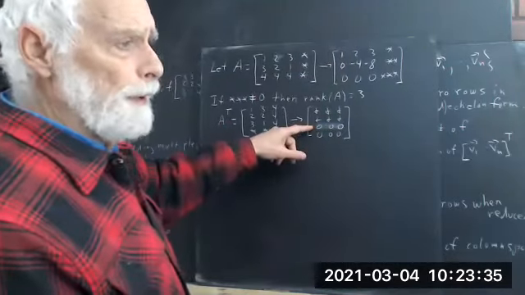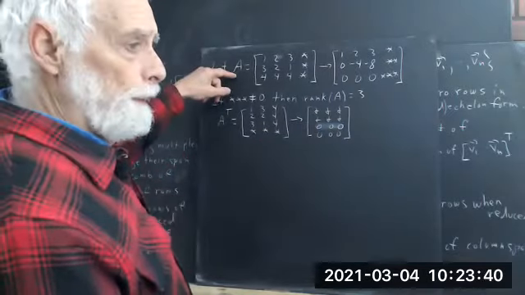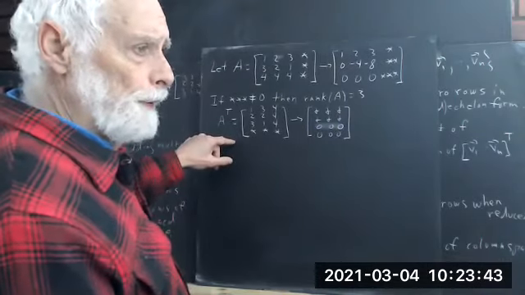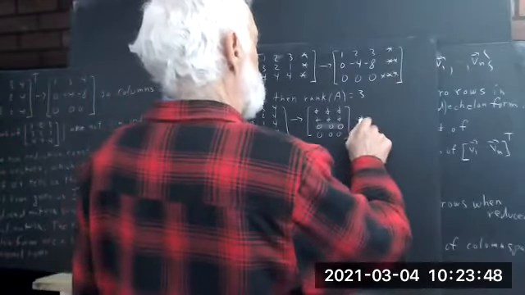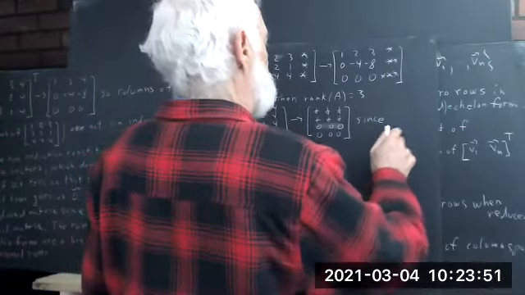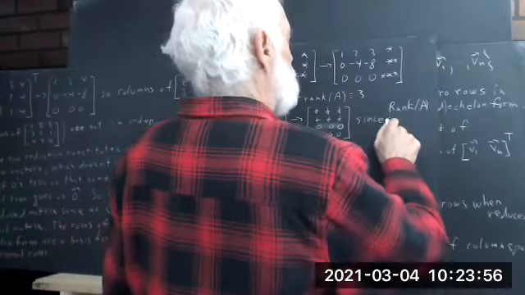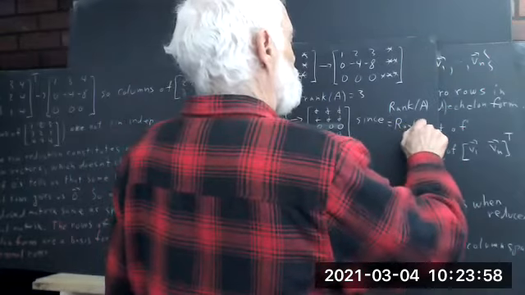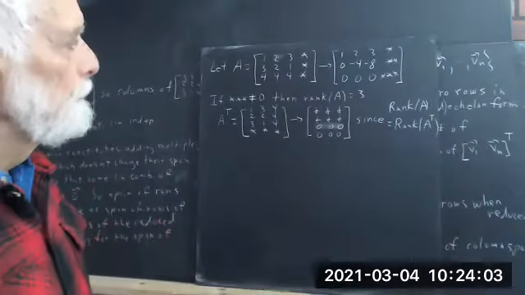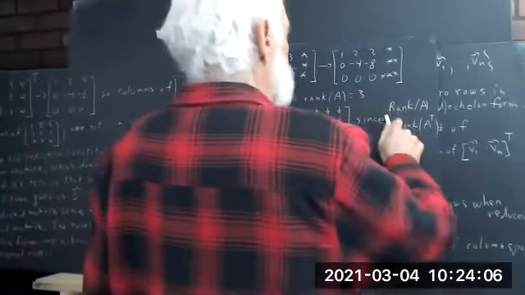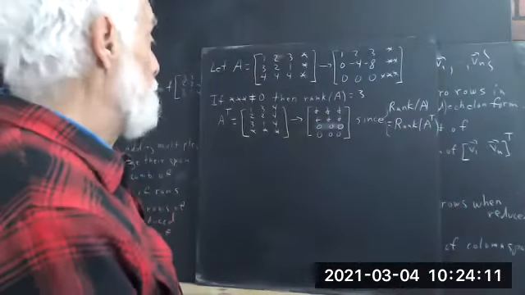Okay, but this is guaranteed if we understand that the rank of A and the rank of A transpose are the same. Okay, since the rank of A equals the rank of A transpose, they're the same.